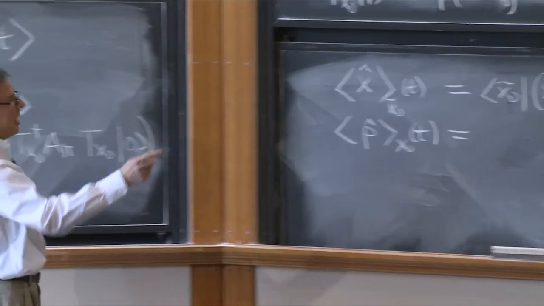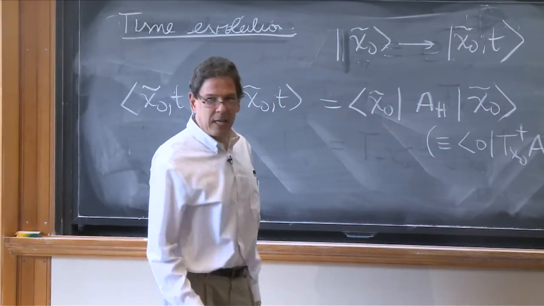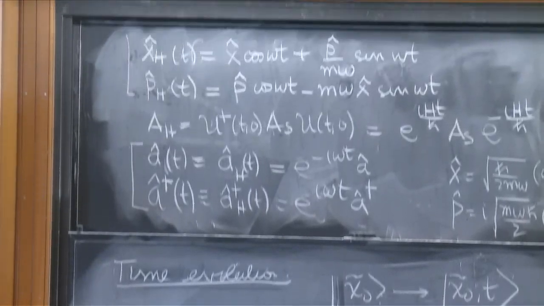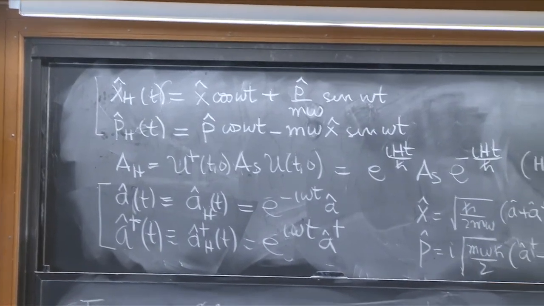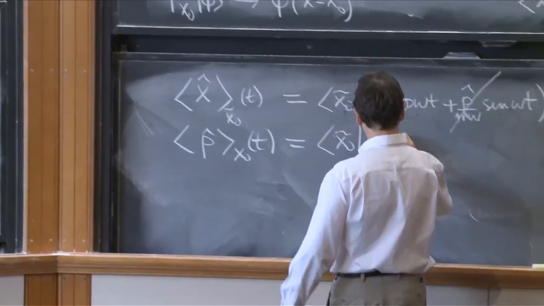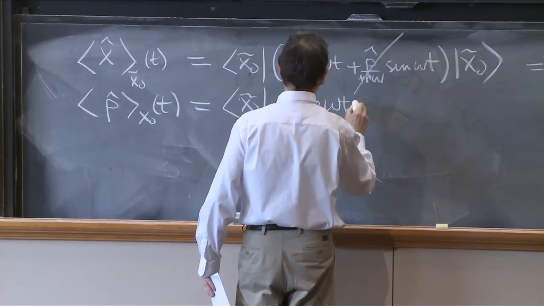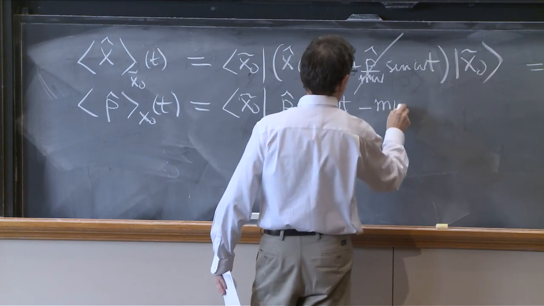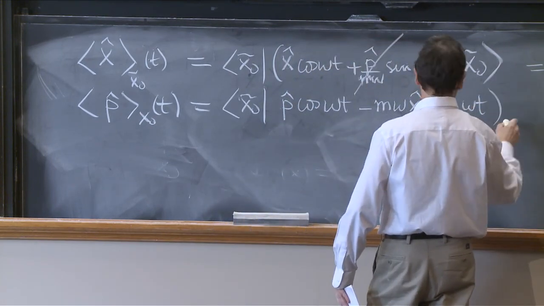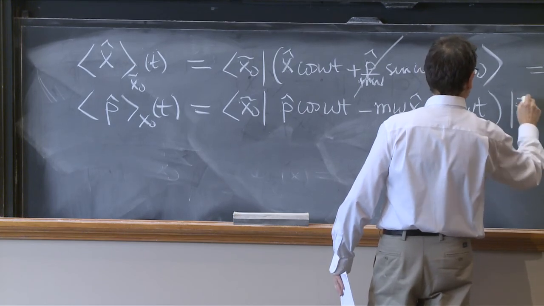If it's oscillating, it better be moving and it better have some momentum. So let's put the momentum operator here, the Heisenberg one. So we'll have p hat cosine omega t minus m omega x hat sine omega t, x0 tilde.